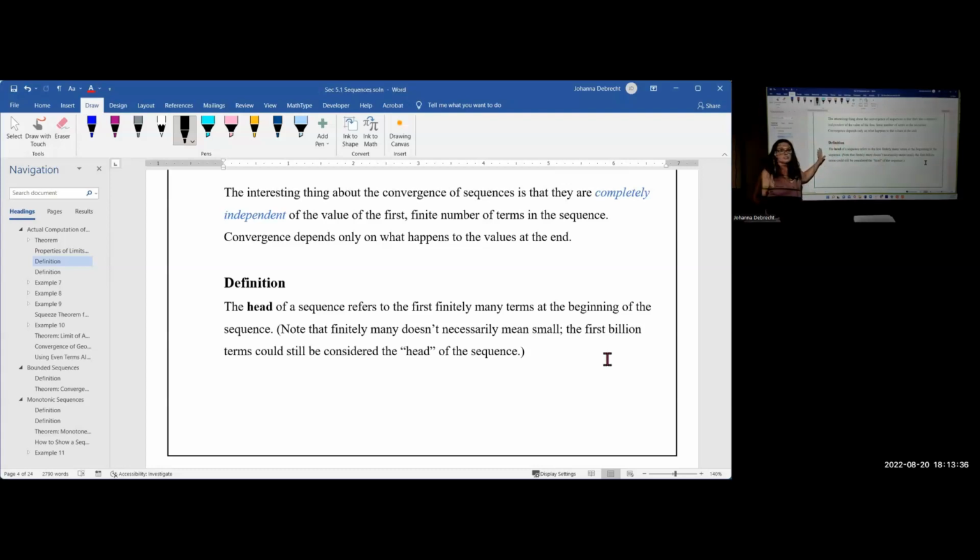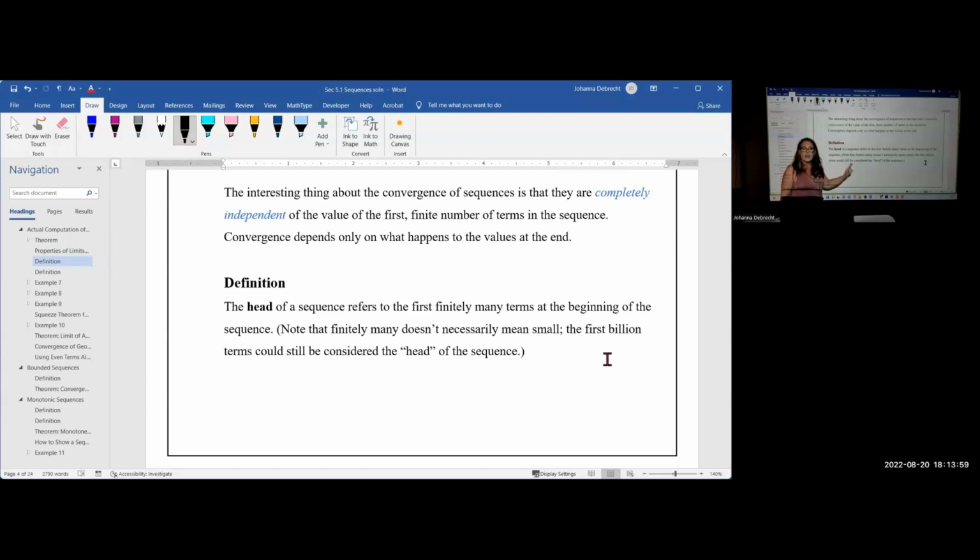And so this is also going to affect a series. When you add these together, it's going to affect whether or not it converges or adds up to a finite number. It only depends on the tail, not on the head, which is kind of a wild idea. Now, this doesn't mean the first 2 or 3 terms or 5 terms. It could be the first billion terms or the first trillion terms.